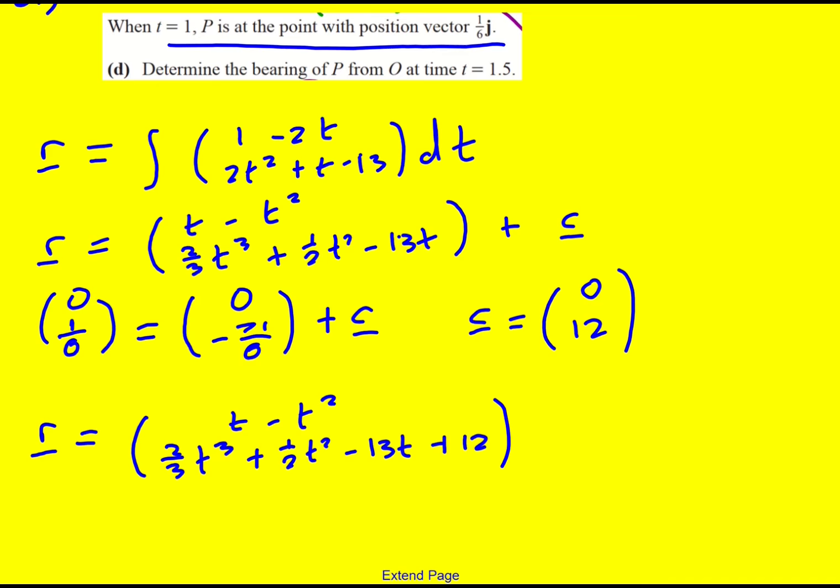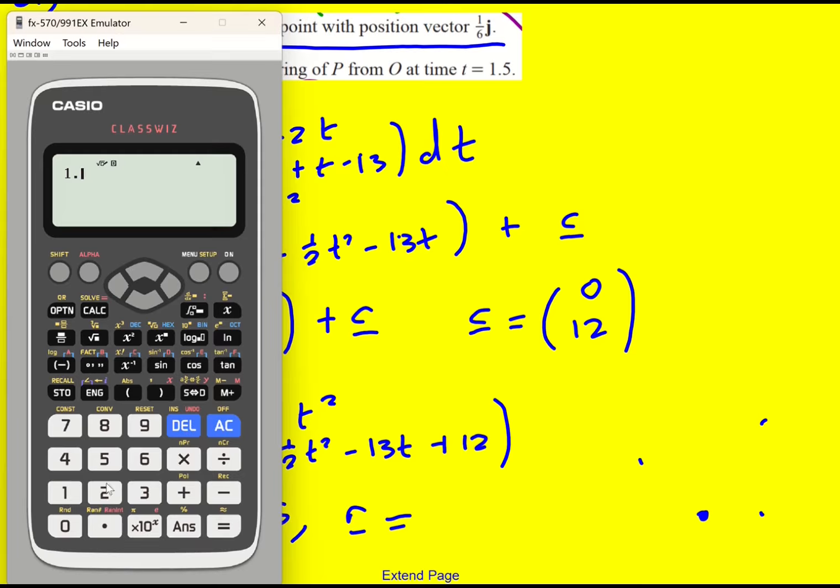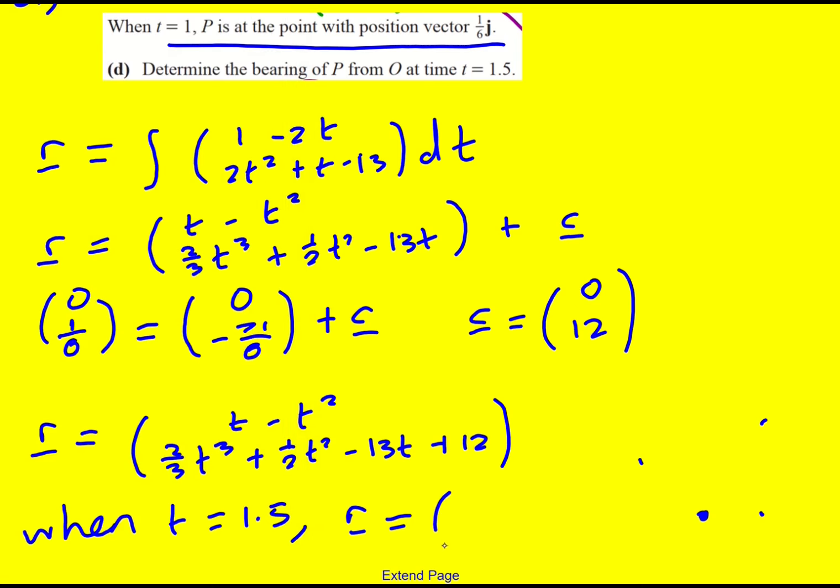We're asked to determine the bearing of P from O at the time t is equal to 1.5. So what we really need is the position. Where is it? And we can do that by substituting in 1.5. So we've got 1.5 minus 1.5 squared, which gives minus 0.75.